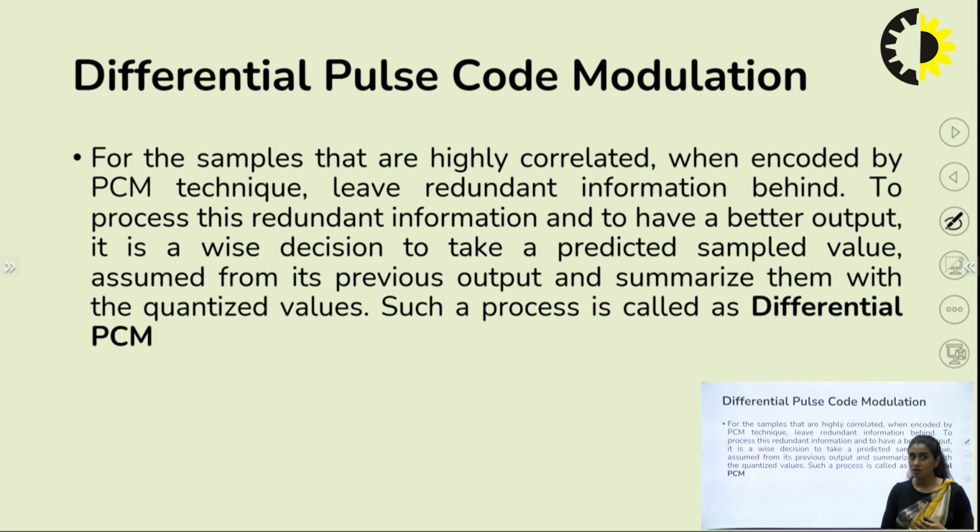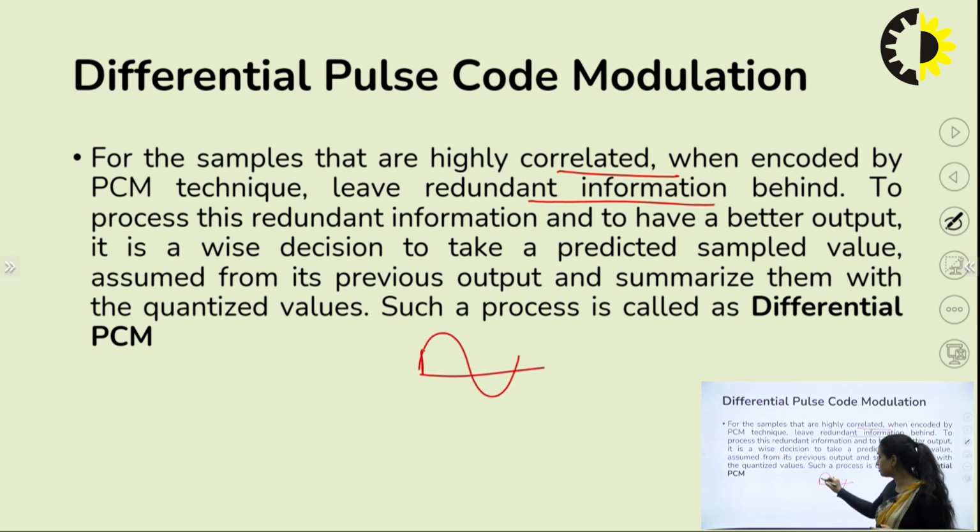For samples which are highly correlated, when encoded by PCM, they carry redundant information, isn't it? If I use very closely spaced samples, I have too much redundancy. So why not reduce that redundancy so that I can communicate efficiently?